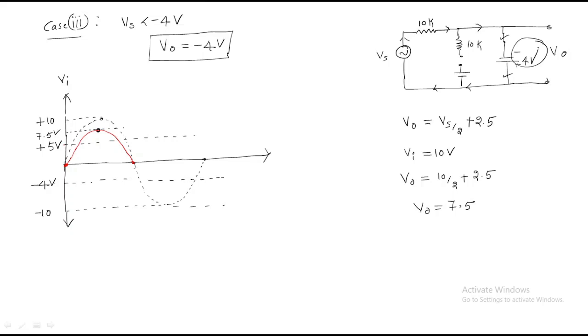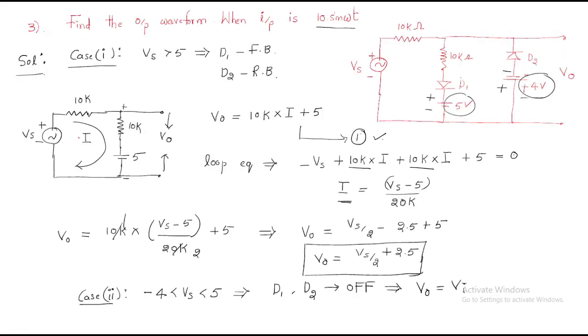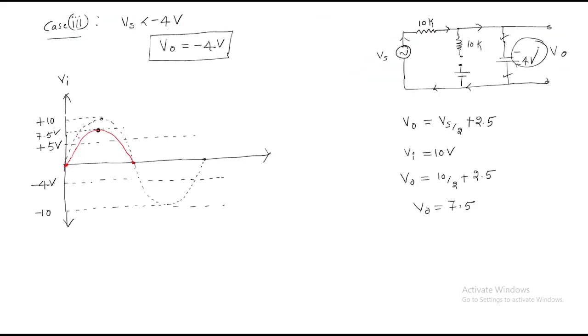Look at here, this plus 5 and minus 5 volts. So if it is more than 5 volts only, look at condition 1, more than 5 volts. So I think this follows this point. Here something is wrong, so I will modify this.